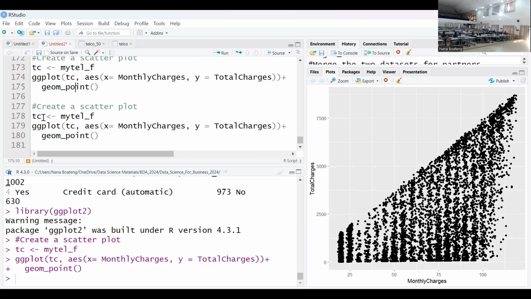Let's make this TC1, so that it's differentiated from the first one that we did.